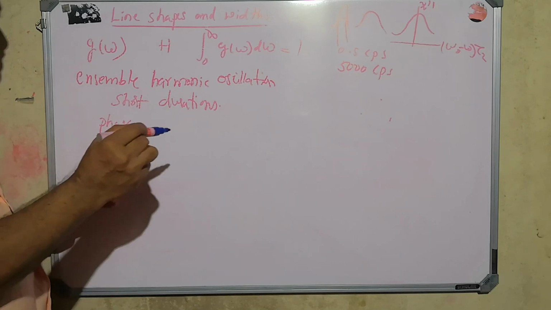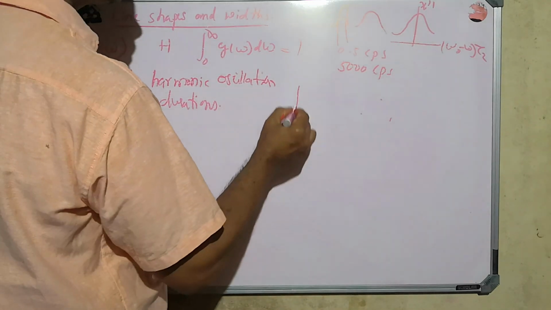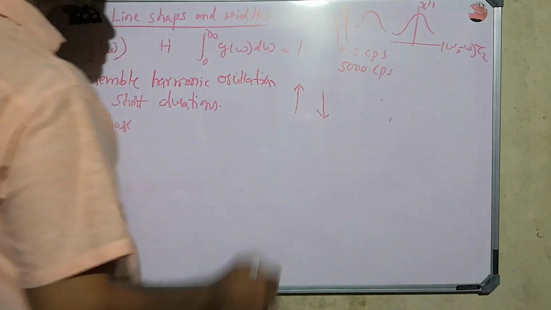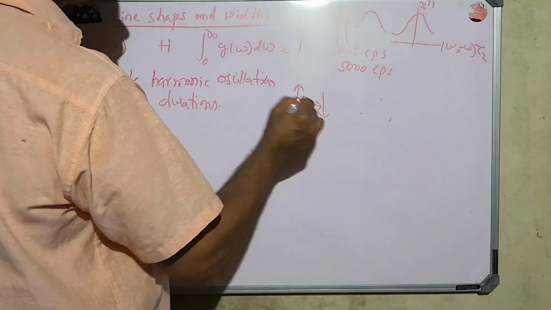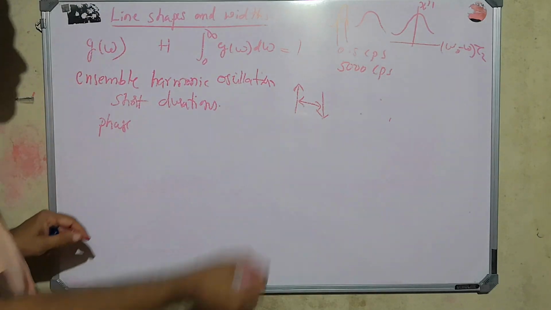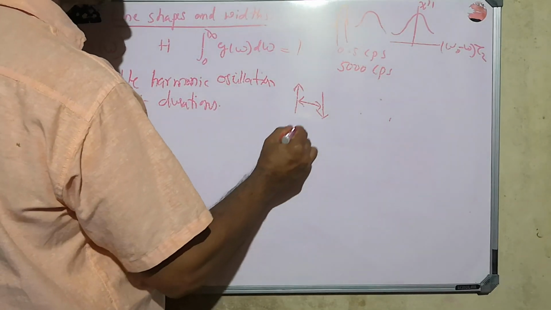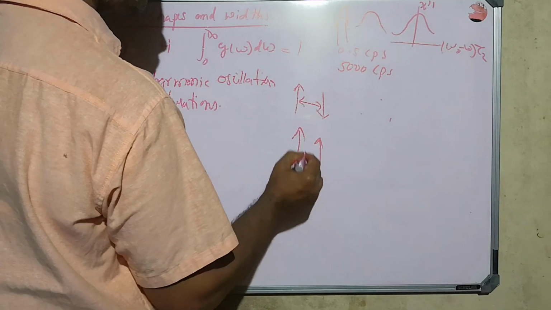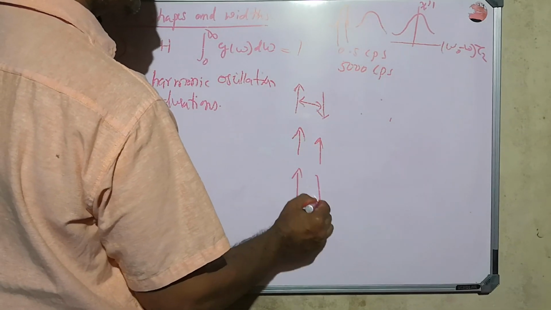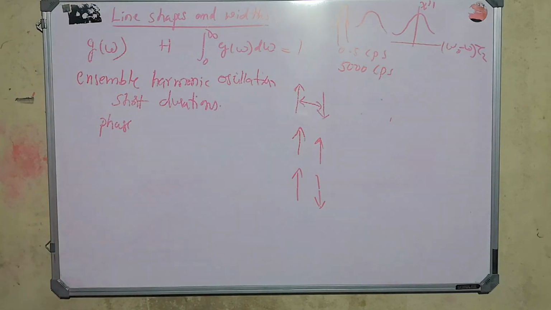What does that mean? Consider this is one dipole, this is another dipole. When these two dipoles, or harmonic oscillators, are colliding, there is a sudden change of phase. Say like this, or if two are like this, when they are colliding, what happens? They are changing their phase.